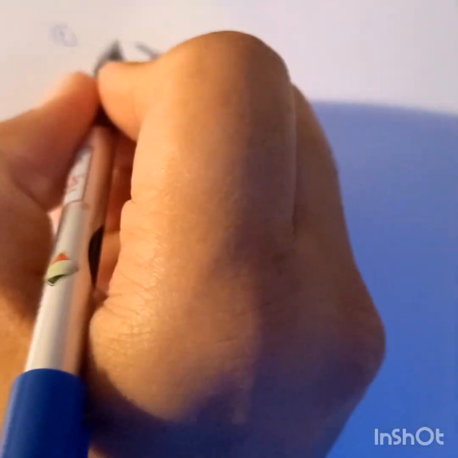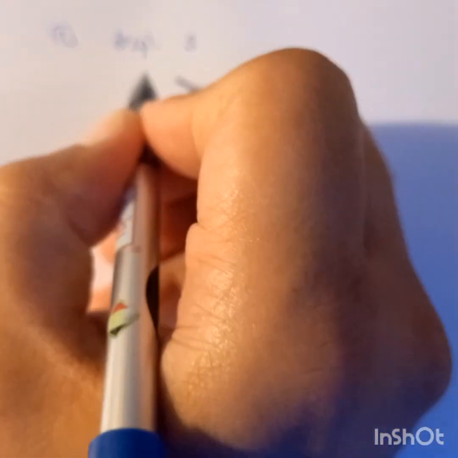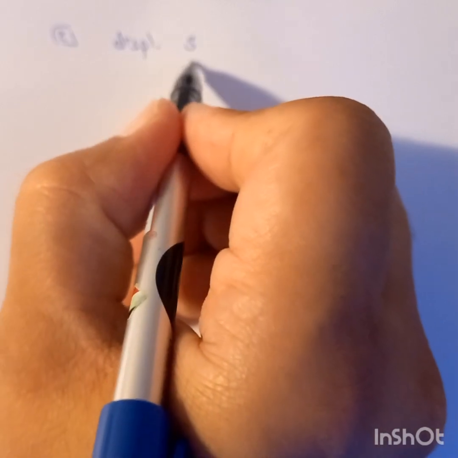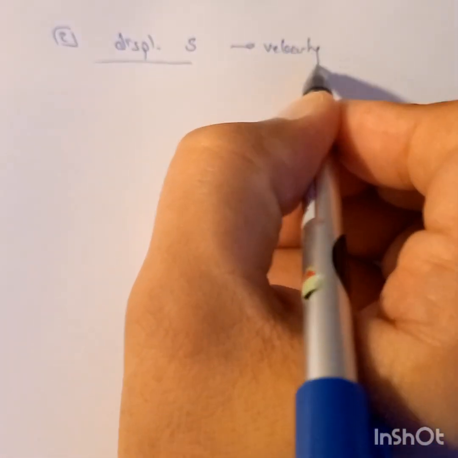Secondly, we can find the displacement vector. S, the algebraic measure of the displacement vector, from velocity by using integration.